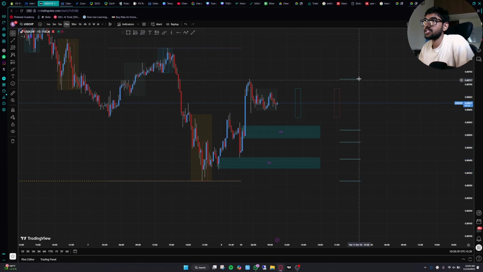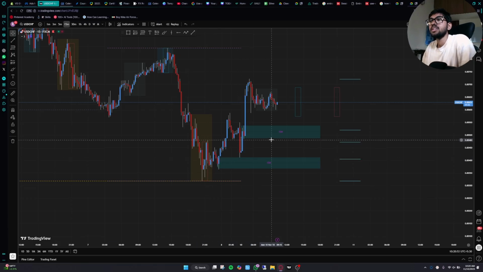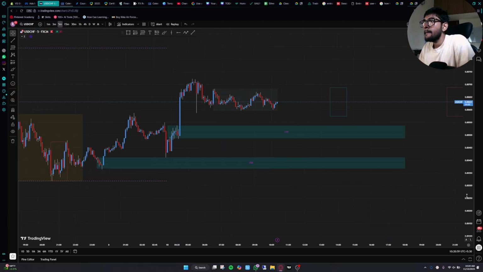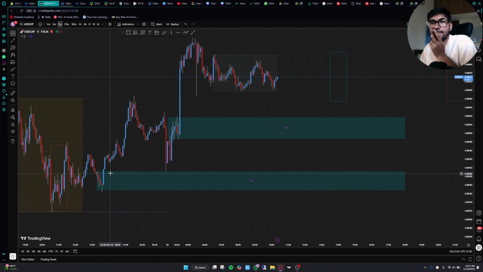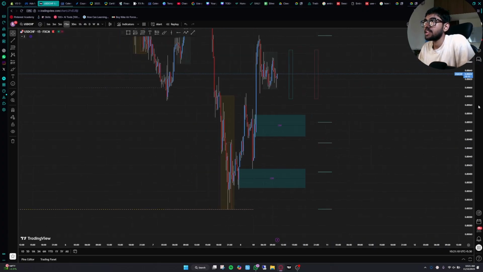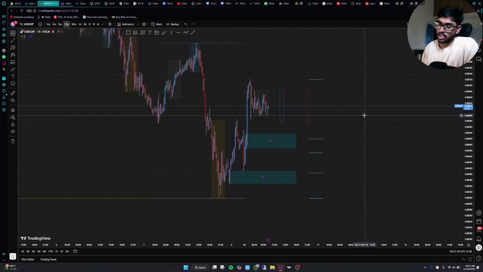I've already drawn the Fibonacci on the side, never mind. So this will come onto the 50%, which is valid, but this seems to be a better one. But again, this order block seems to be already induced, like the fair value seems to be induced. But if you go onto the 5 minutes, you can see that the fair value gap is still there, right? So we'll have to wait and see. On the 15 it looks pretty good. So yeah, we'll wait and see to enter from this region for USD Chef.